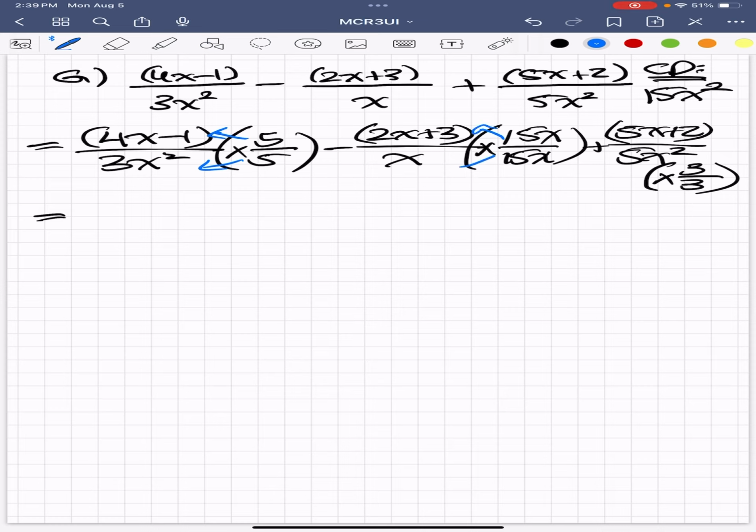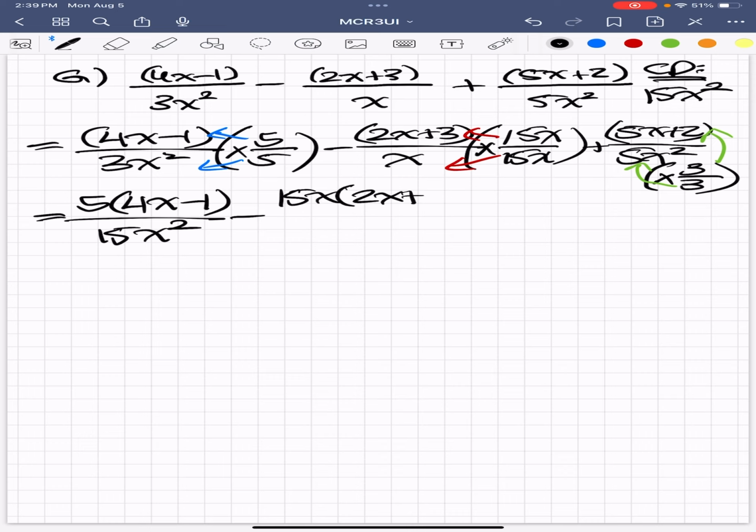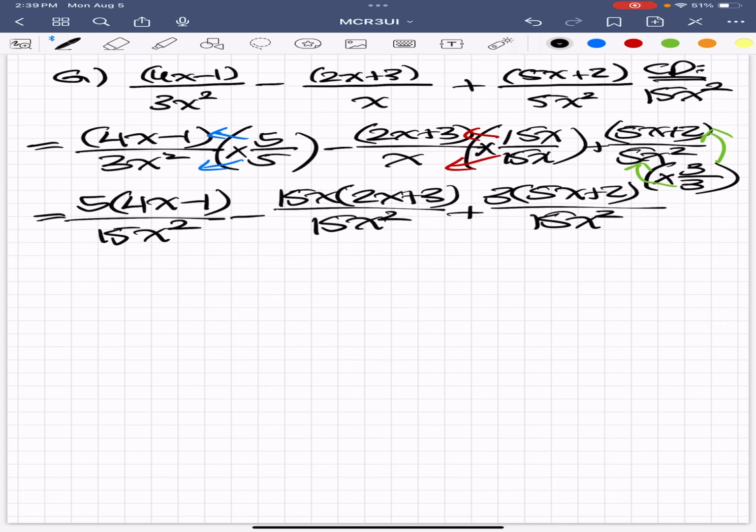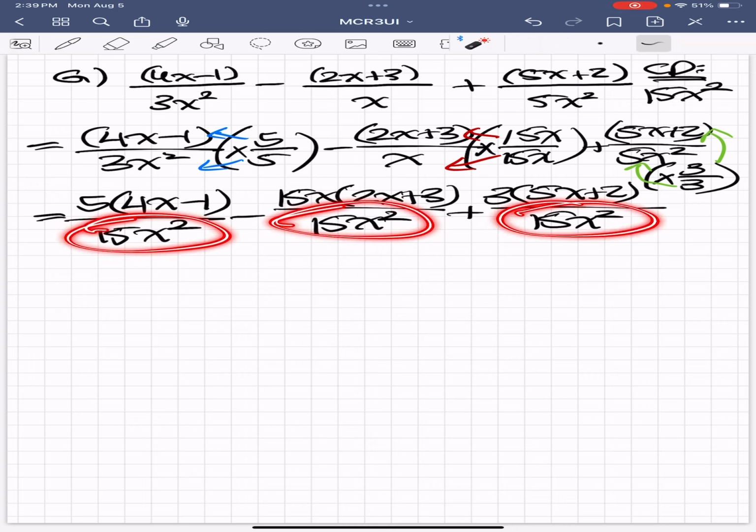We're creating common denominators. So as you can see here, we have a common denominator of 15x to the power of 2.